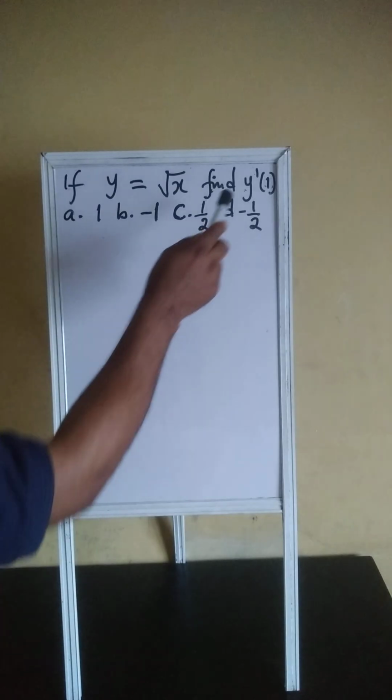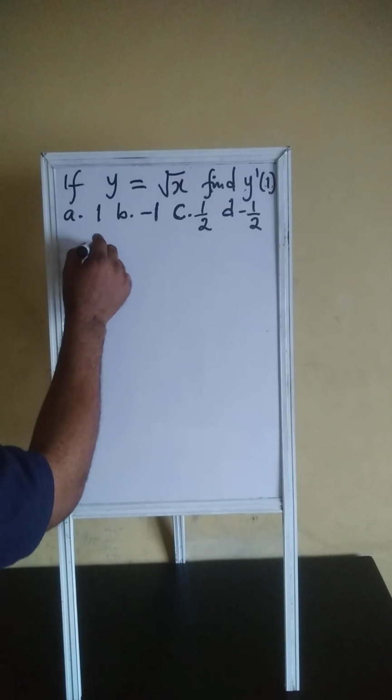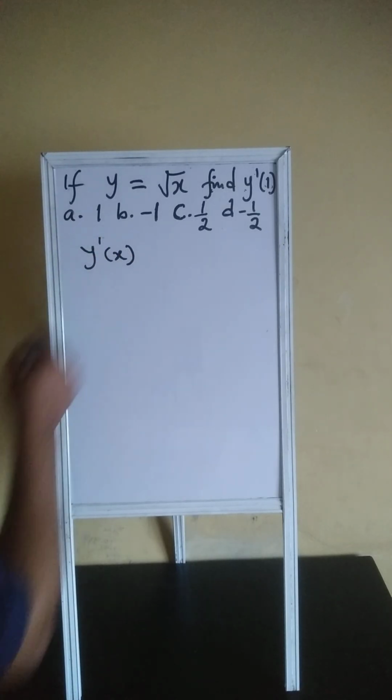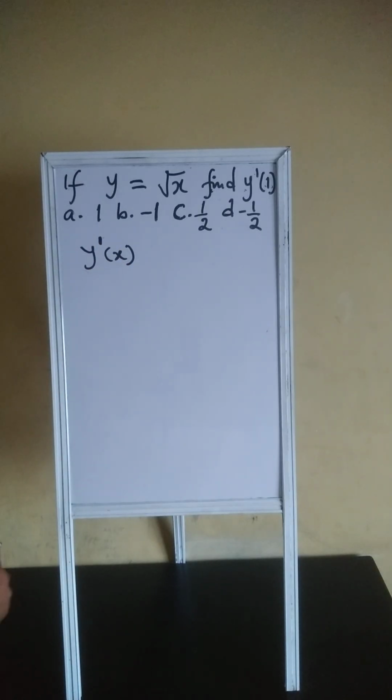Now this y prime of 1 is the same thing as saying y prime of what? X. Are you with me? And this prime, as I told you before in my video, is called differentiation. This is an objective word question.